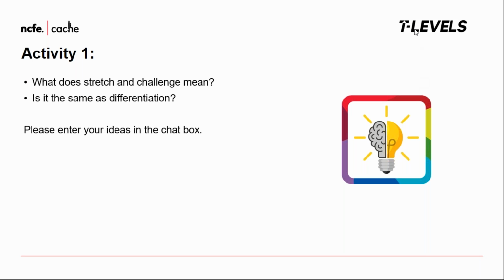Oh, why has, sorry, bear with me. Right, it looks like it should be back now for everybody. I don't know what happened there. I probably clicked on the wrong little cross there, but there's the activity on the screen now. What does stretch and challenge mean, and is it the same as differentiation?